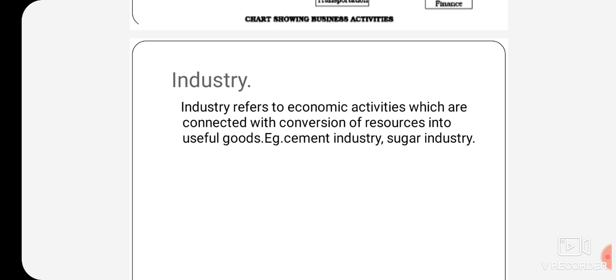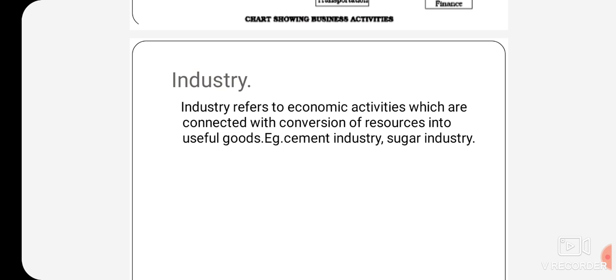Let us see what the meaning says here. So industry refers to economic activities which are connected with the conversion of resources. So here the conversion of resources means what? Conversion of raw materials, whatever different raw materials we are using for the sake of getting ready-made or finished product, those are resources, raw materials, into useful goods.